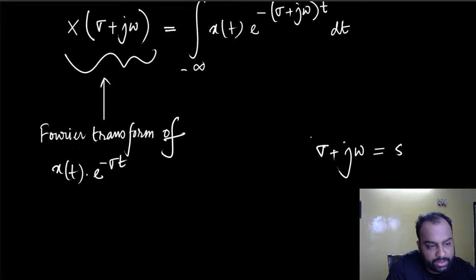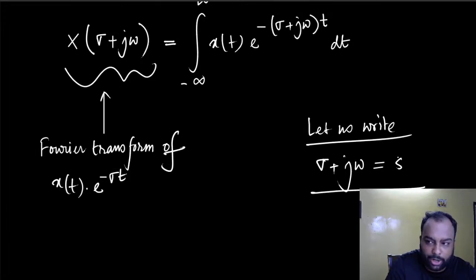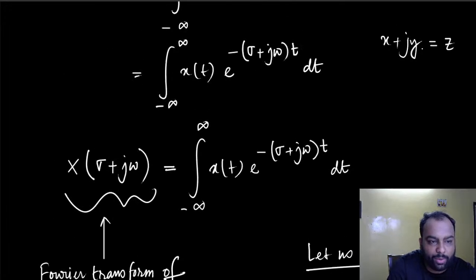So let us write sigma plus j omega as s. Again, s is a complex number, just like x plus jy equal to z, where x is the real part and y is the imaginary part.